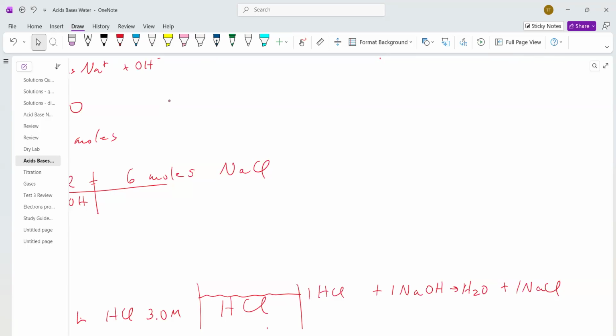You subtract the two molar values, and that'll give you how much is left over. Then you look at the total volume, which is now 6 liters. So you put the moles left over the 6 liters, and that's how you come up with 0.33. So that's the molar concentration of OH.